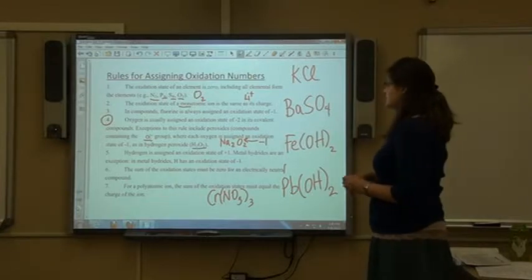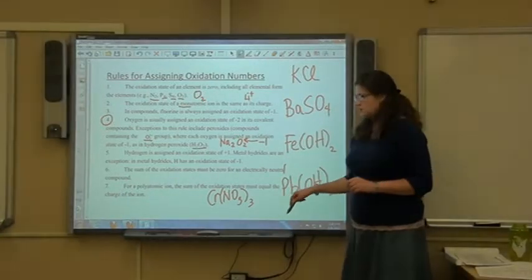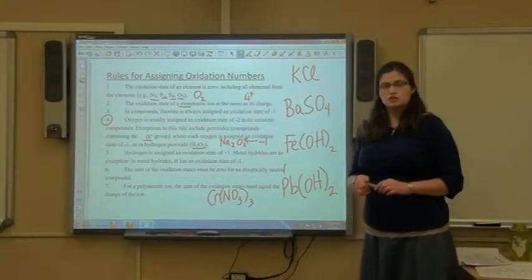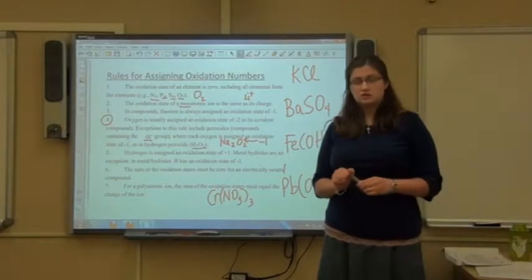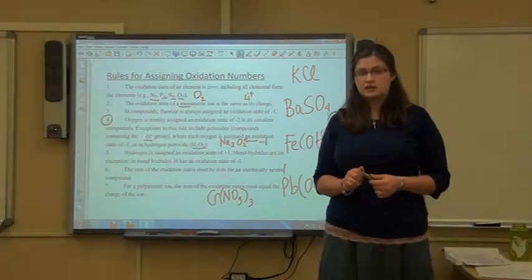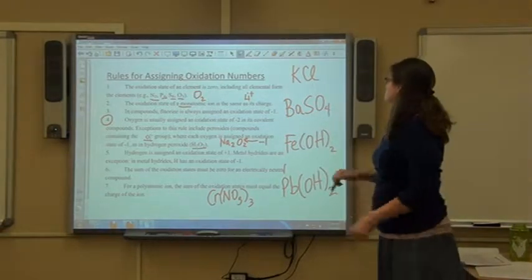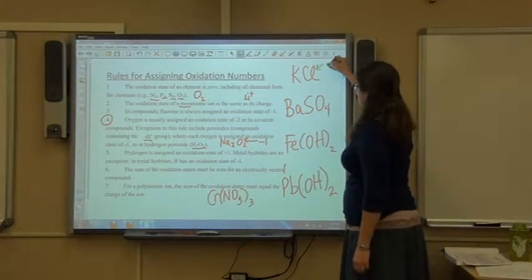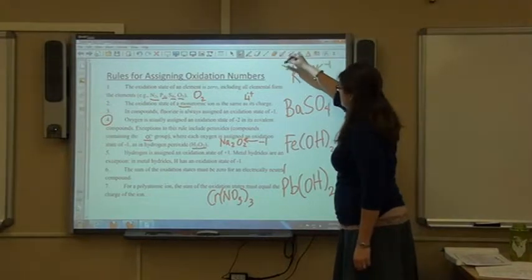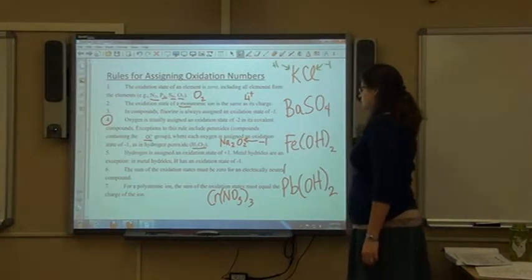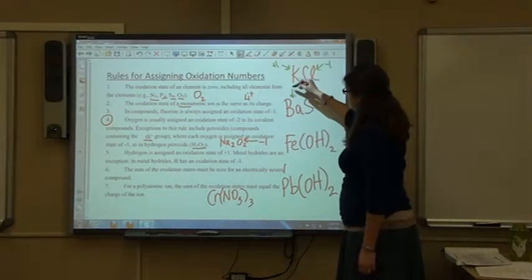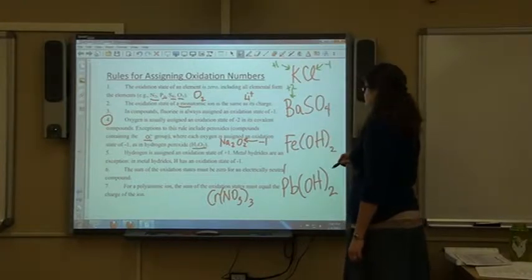For anything that's not included on one of these 1 through 7 rules, look at your standard charges on your periodic table. Those standard charges will be the same as your oxidation number. So here, chlorine will have an oxidation number of -1, potassium +1. Here, barium you can find +2.